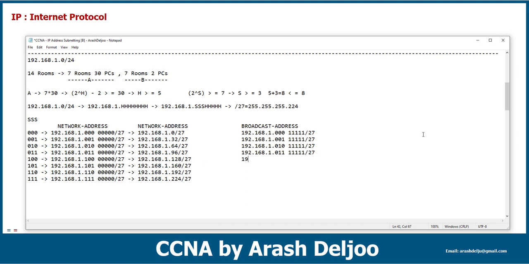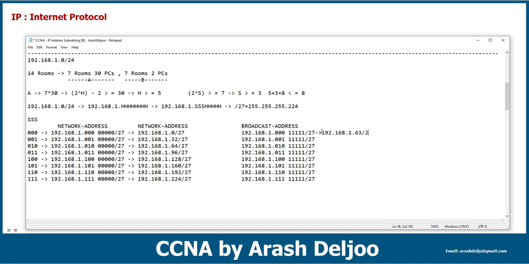After that 192.168.1.100 and 11111, 127/27, and then 192.168.1.101 and 11111, 159/27. After that 192.168.1.110 and 11111, 191/27, and after that 192.168.1.111 and 11111, 223/27. That's it. You can convert these values to decimal. Let me convert them.